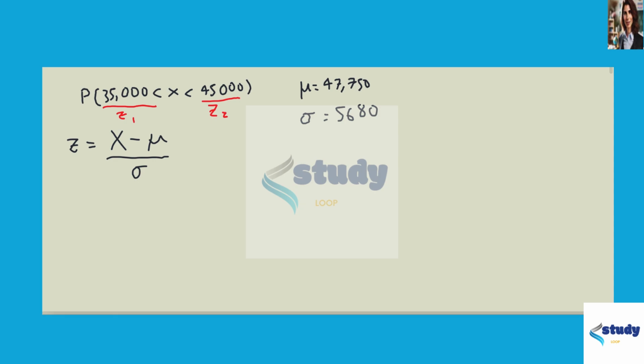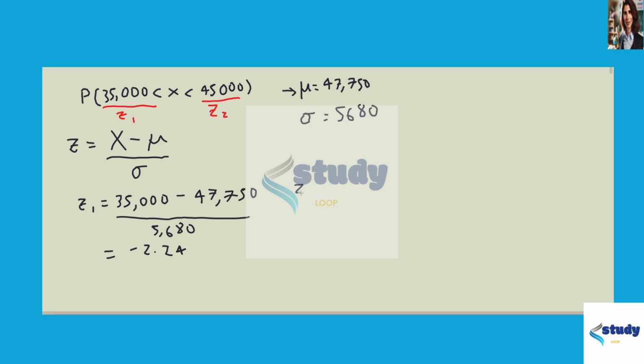Z1 is equal to 35,000 minus mu, which is 47,750, over sigma, 5,680, and we know that this value is equal to negative 2.24.